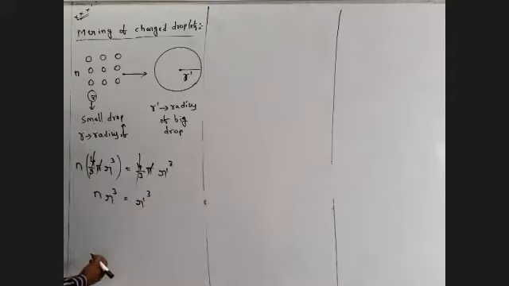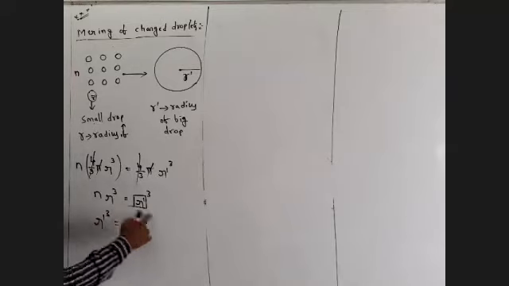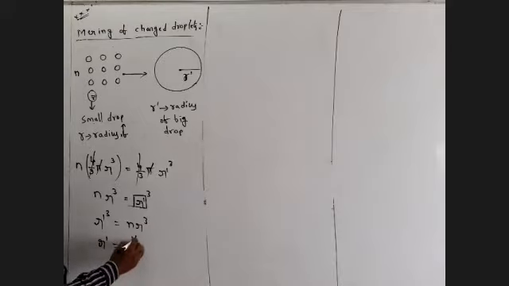Now, what is the radius of the big drop? R dash cubed is equal to n r cubed. Taking the cube root, r dash is equal to n to the power of 1/3 times r. The 3 by 3 cancel each other.